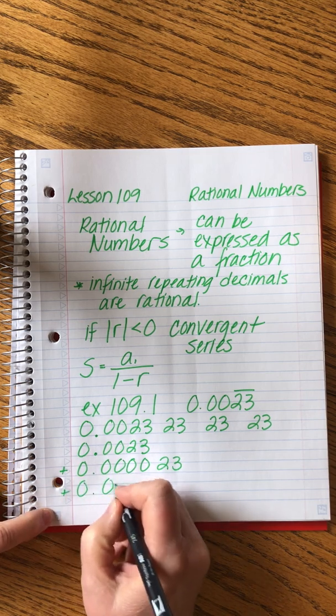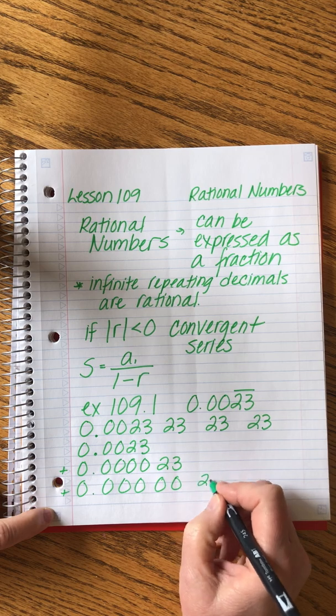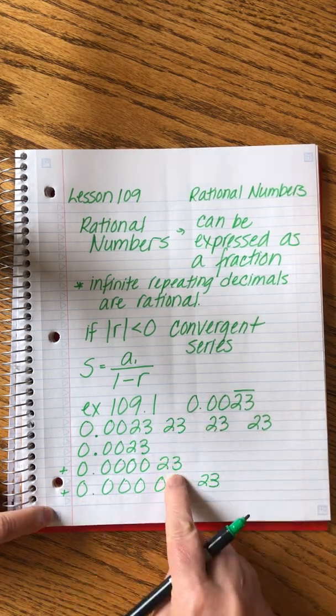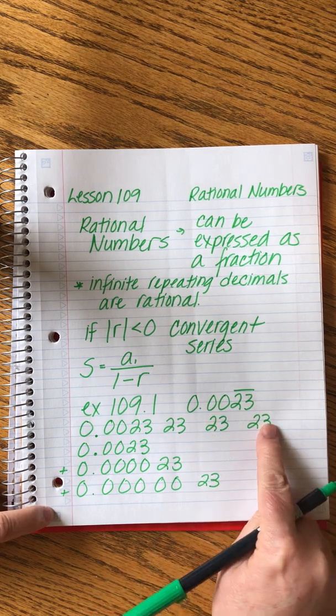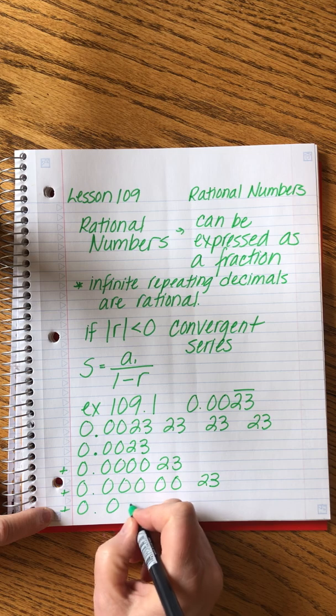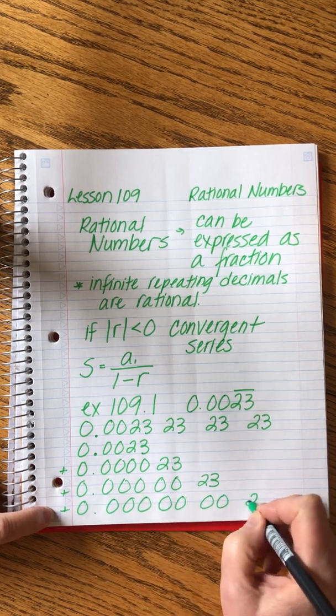And then 2 more zeros. Here's our next 2, 3. I know it's weird spacing, but I was trying to make that come down to show you how these correspond. And then this fourth set, 0, 0, 0, 0, 0, 0, 0, 2, 3.